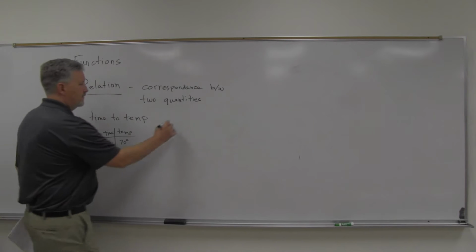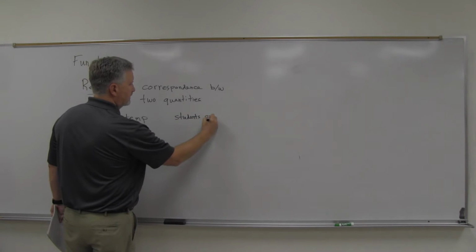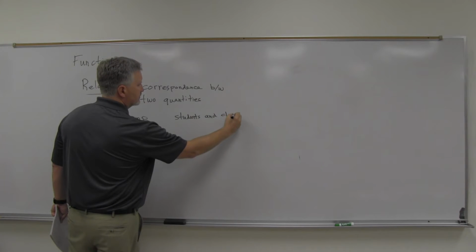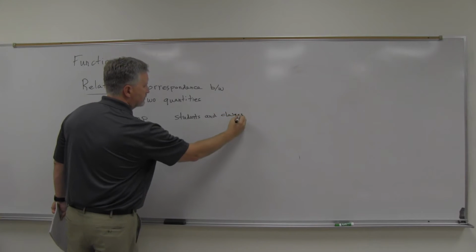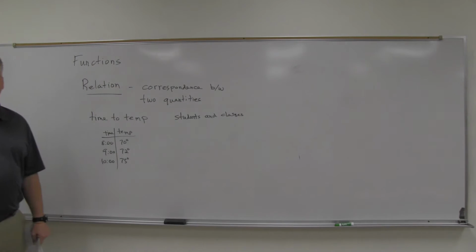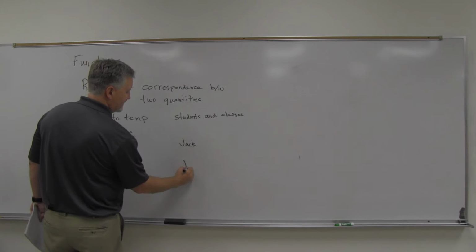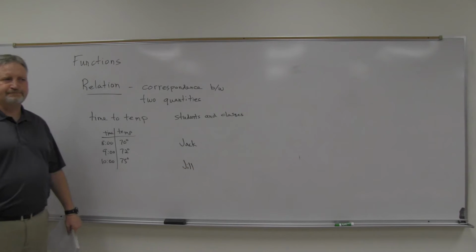We could have a relation between students and their classes. All right, so let's say we got Jack and Jill here. And this is called a mapping.